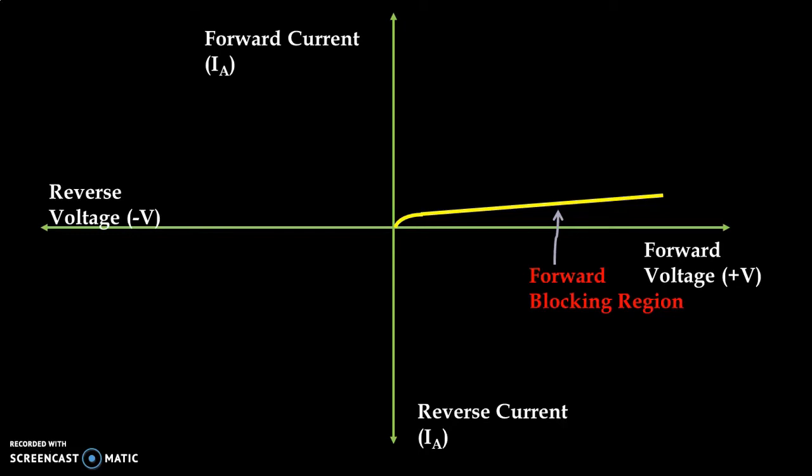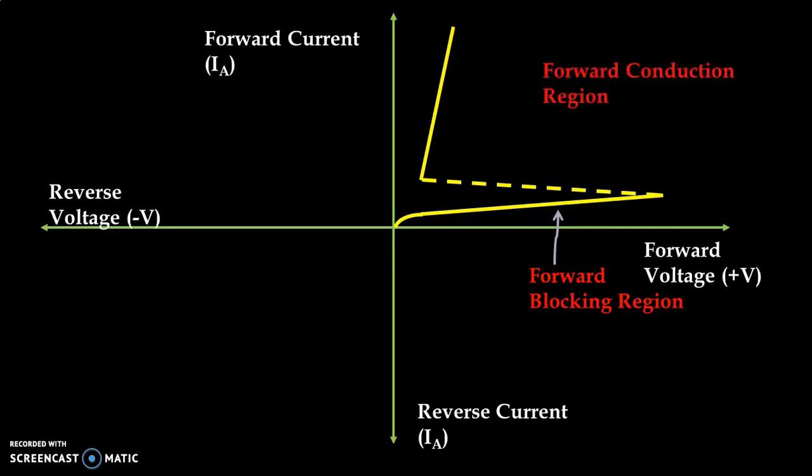When we apply a forward biased voltage to the gate, meaning we are externally applying the gate current to the intermediate P layer, junction J2 becomes forward biased and conduction of current from anode to cathode will flow.